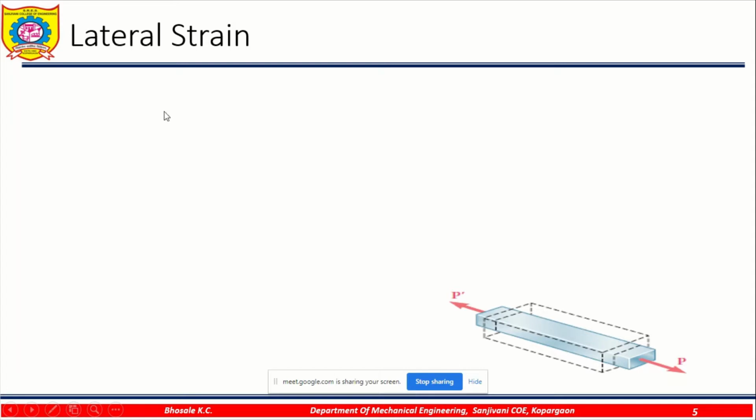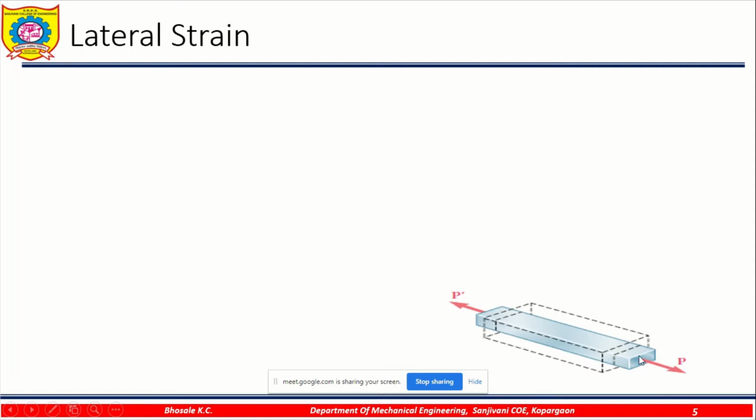So we'll see the second term, that is lateral strain. One is the axial dimension and second is the lateral dimension. Suppose that in the same case we apply the load along the length. There are two dimensions which are perpendicular to this load.